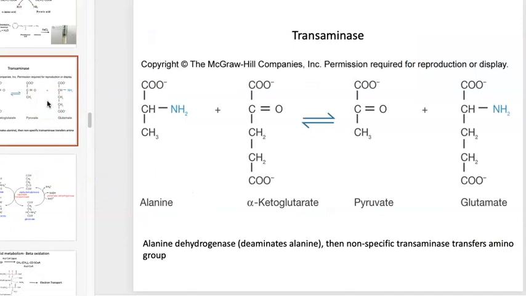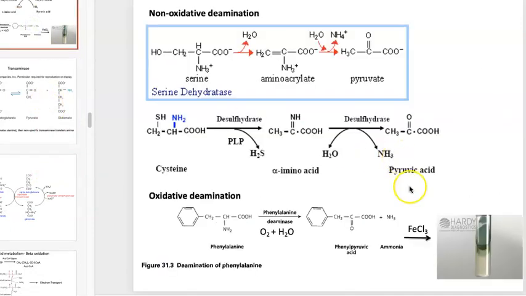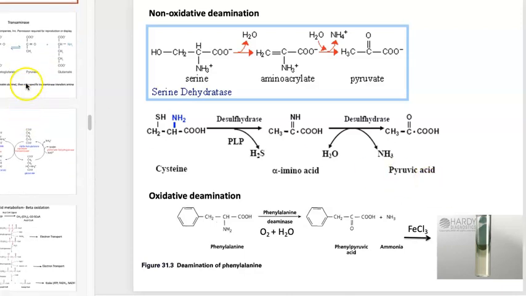So transamination occurs through transaminase, and so when a microbe breaks down an amino acid to release these amino groups, obviously the microbe has to be able to use these amino groups to do something with them, and usually it's putting them onto carbon skeletons to make additional nitrogen-containing compounds.